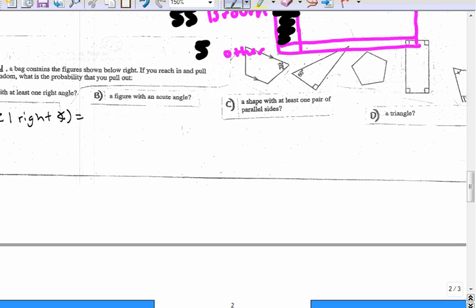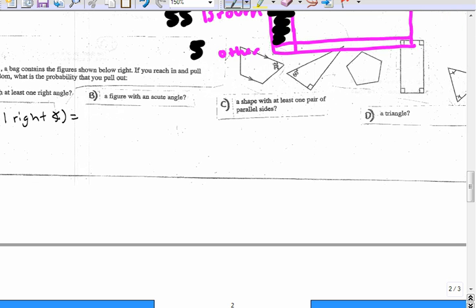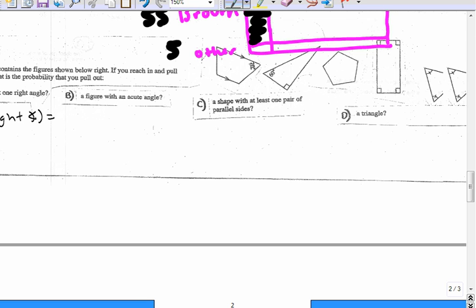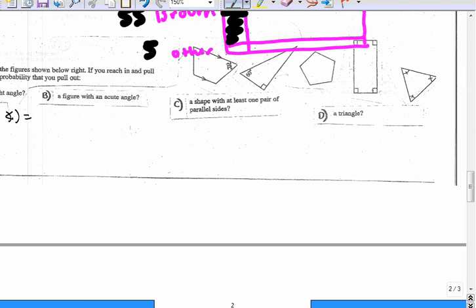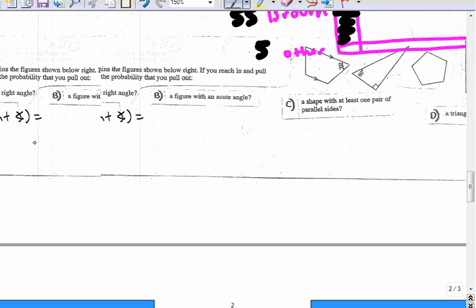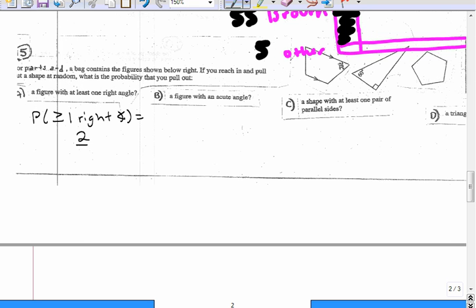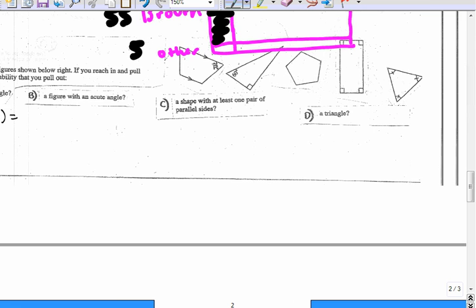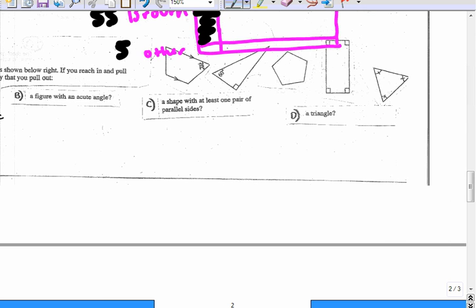Okay, of these shapes, how many have at least one right angle? One, two. So 2/5, which is also 40%.